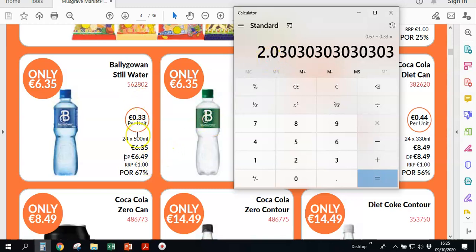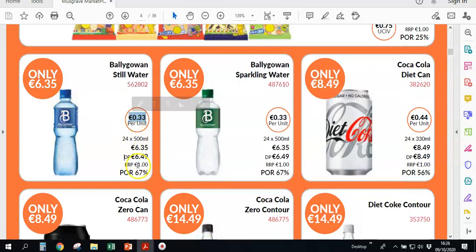Because you're getting more than double in terms of the price. So just be careful in terms of how you watch it here. Your cost per unit is 33 cent, but you're selling it for a profit of 67. So profit over cost gets your percentage. So that's a very big markup in terms of what they're selling Ballygown still water for.